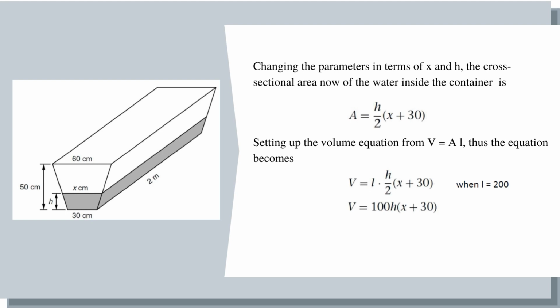Recall that in the problem, dV over dt was identified, and we are asked to look for dh over dt. But how about dx over dt? It is not mentioned in the problem, right?